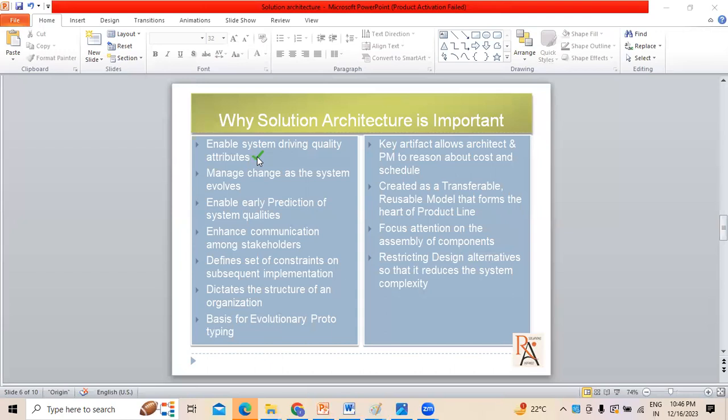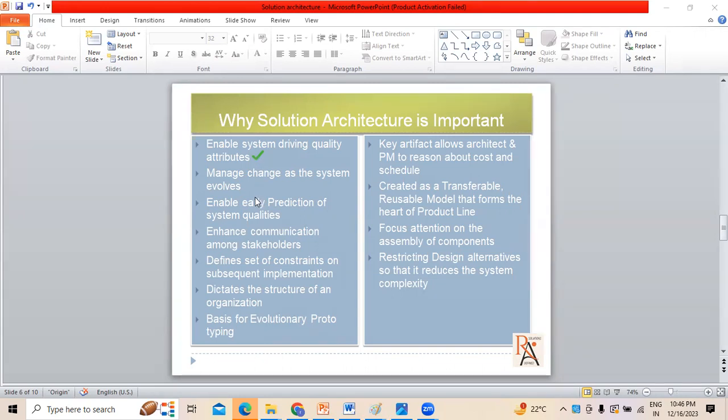That is why we want a solution architecture to be developed for an application or solution.